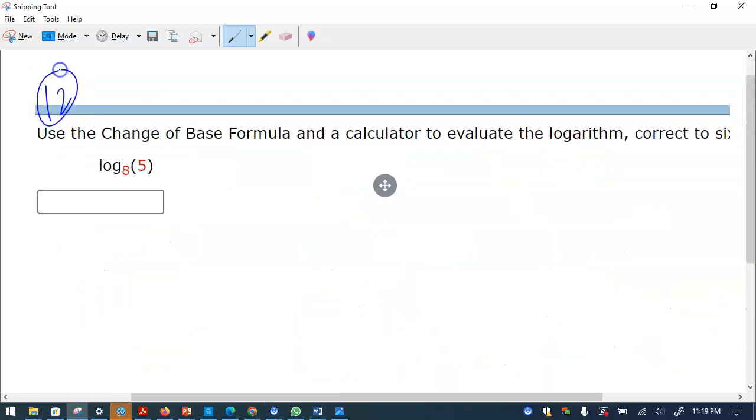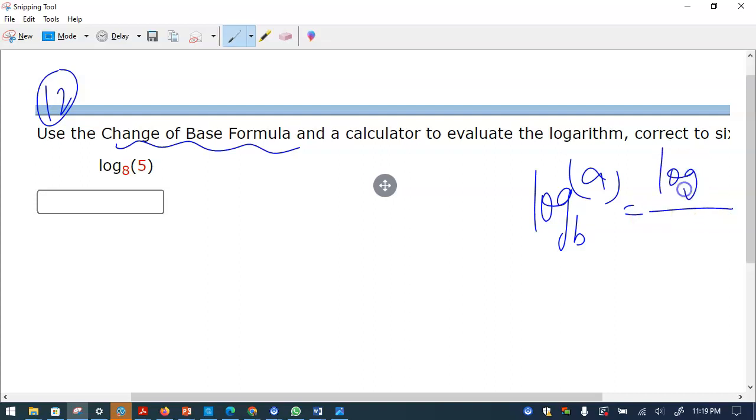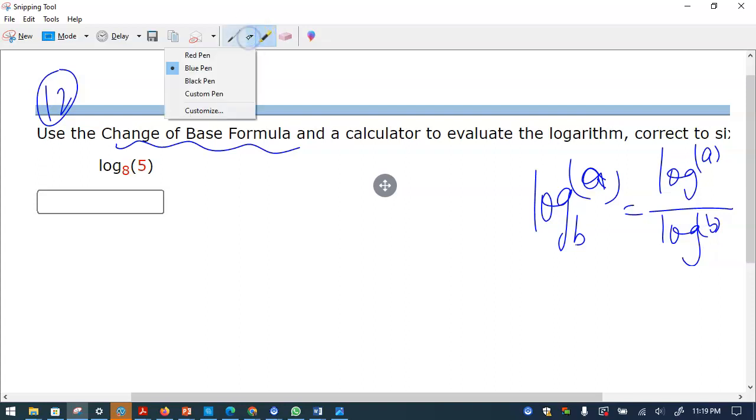Question 12 is about change of base. What is the meaning of change of base? It means suppose you have log of a to the base b, like this. We can always write this as a quotient of logs, up and down, but this time this a will remain up and this b base goes down, and you can write any new base here, c and c. It could be 2, 2 or 3, 3 or 4, 4 or 5, 5.